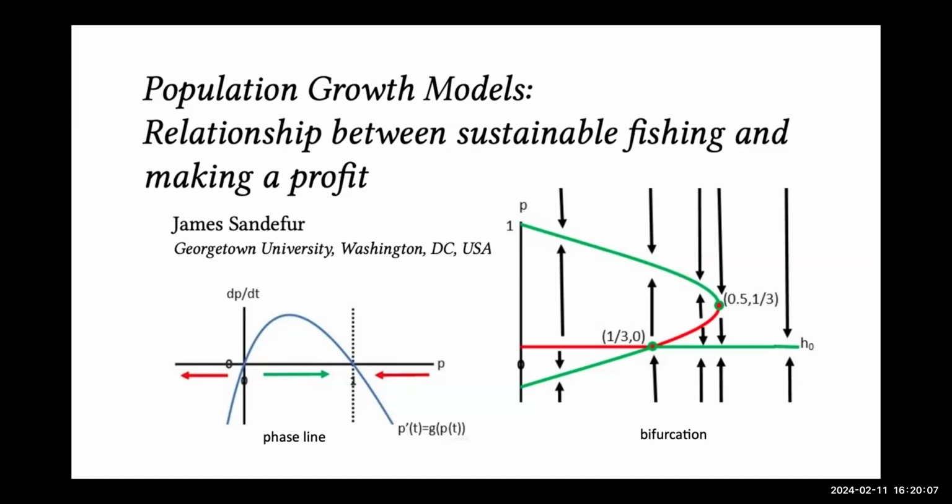This is where, of course, there is a mention of public policy, and it becomes an important thing to discuss. The paper is full of interesting graphs, such as what you see on the slide. On the left, you see a phase line, and on the right, you see a bifurcation diagram.